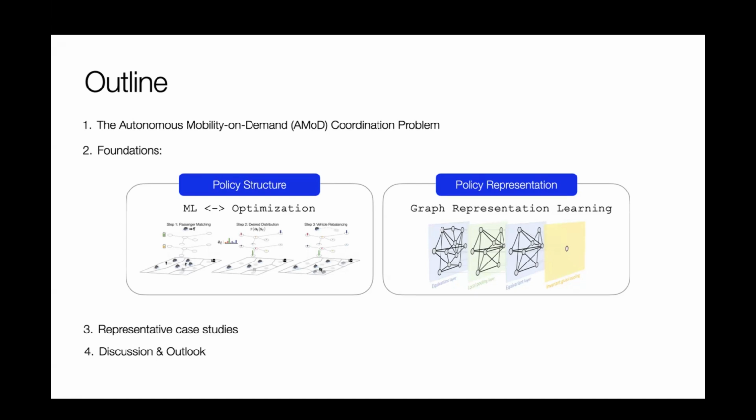And then in the second block, we will be looking at specifically policy representations, whereby we leverage the fact that the transportation network is a network, and therefore we can use neural networks that are better tailored for graph-based problems. And then we'll go through some case studies and general discussion.